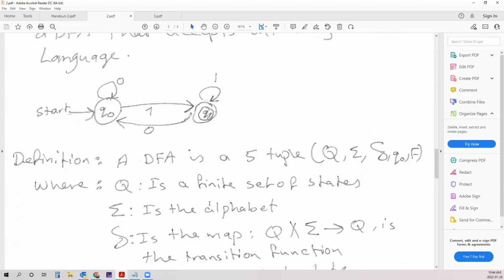Definition. A DFA, a deterministic finite automaton, is a 5-tuple.